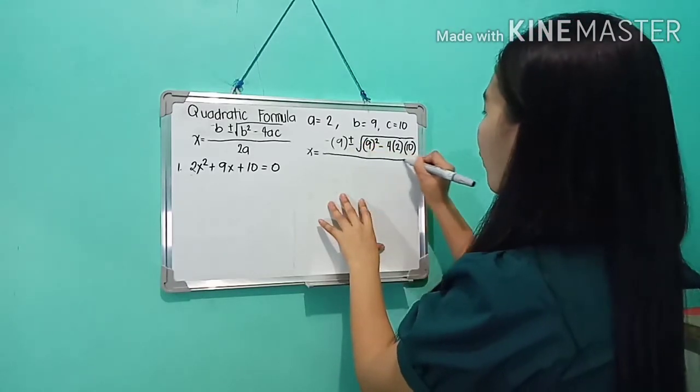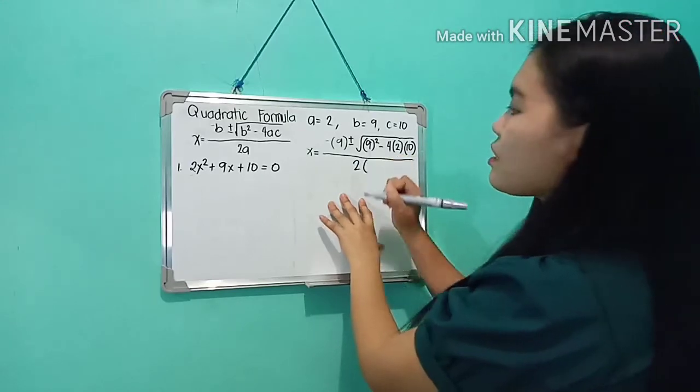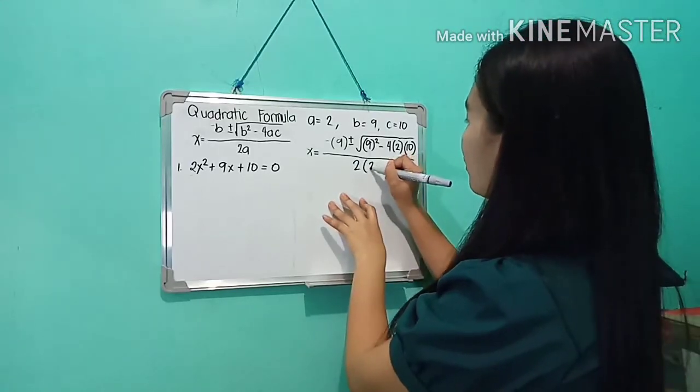Alright, so all over 2 times the value of a, which is 2.